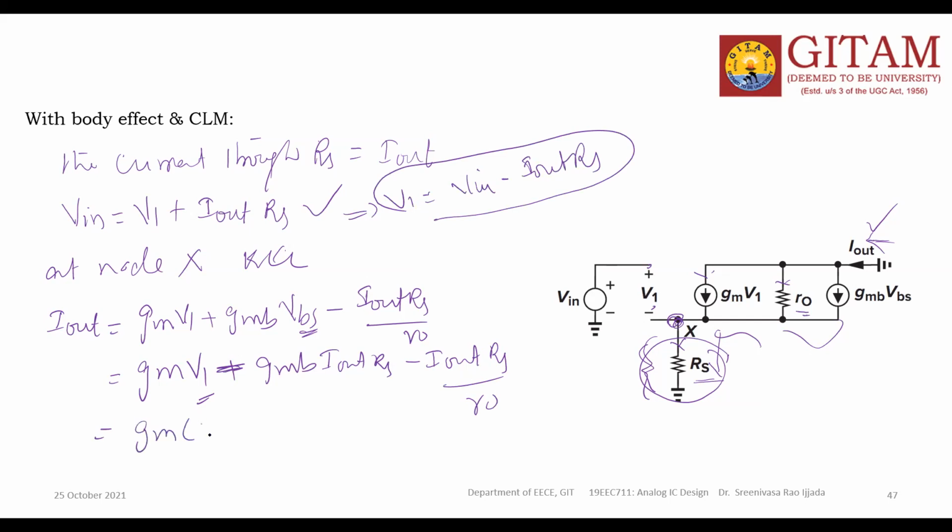into Vin minus Iout into Rs, bracket close, minus GMB into Iout into Rs, and the last component is Iout into Rs by R0.